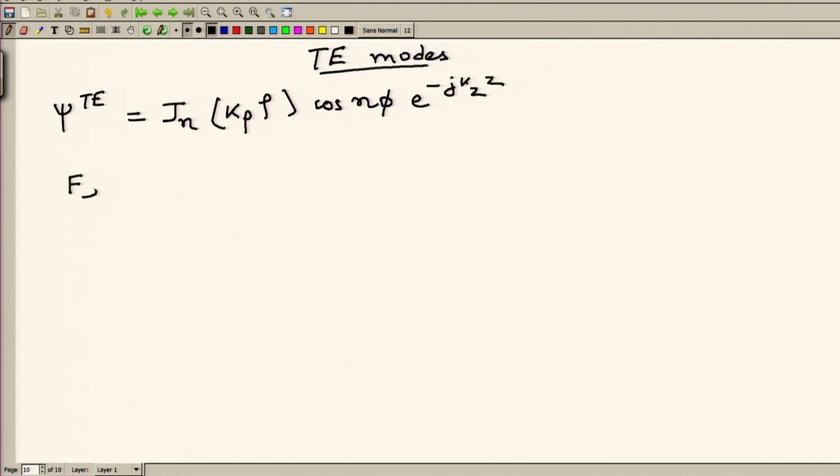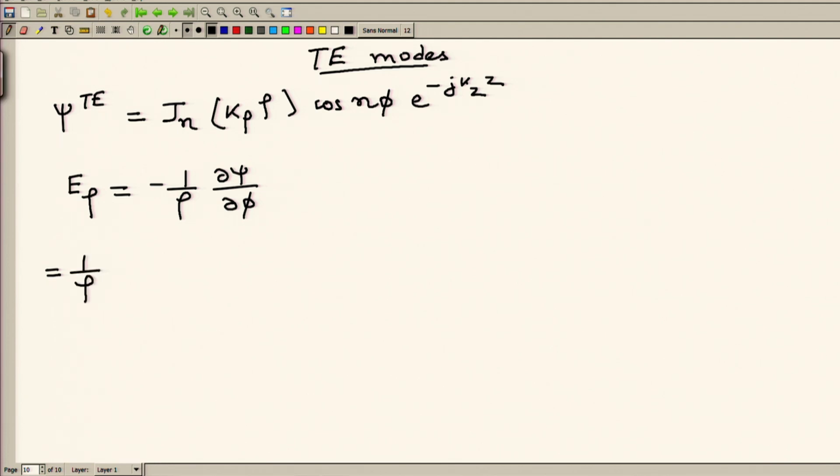We know E rho is given by minus 1 upon rho del psi by del phi, so we differentiate with respect to phi. Cos n phi gives minus sin n phi, so minus and minus becomes plus.